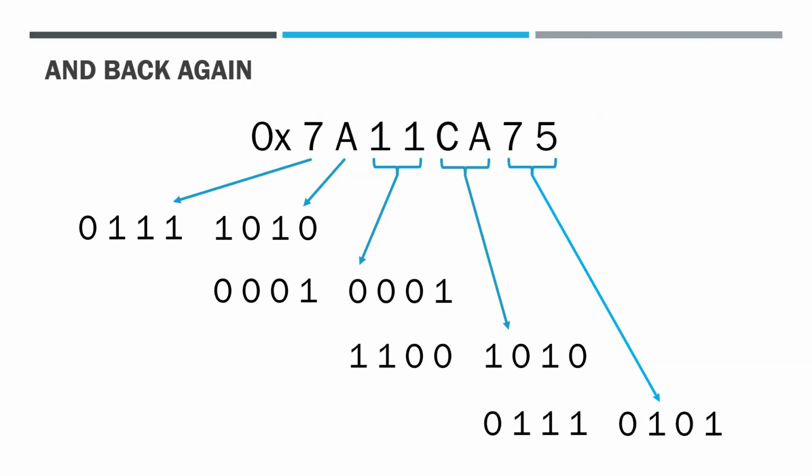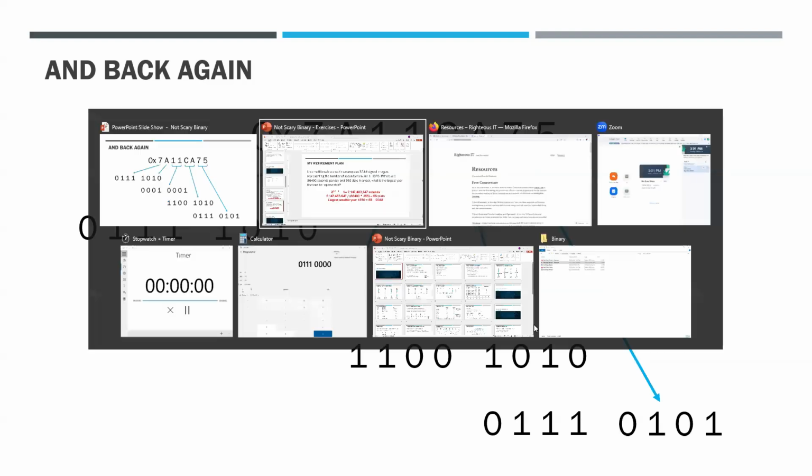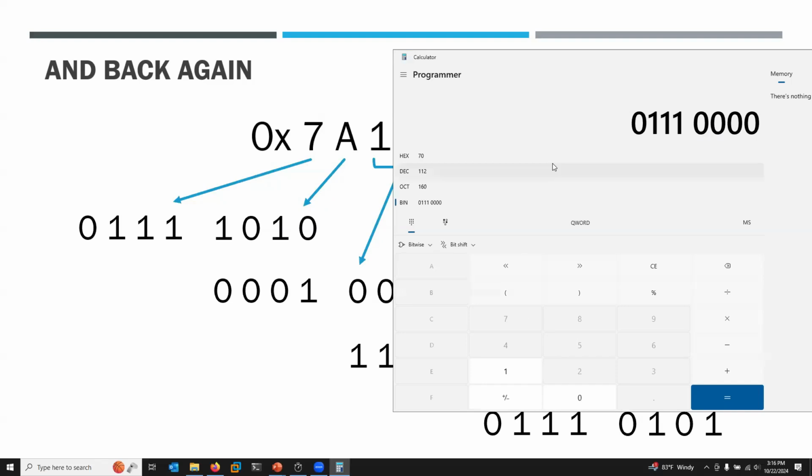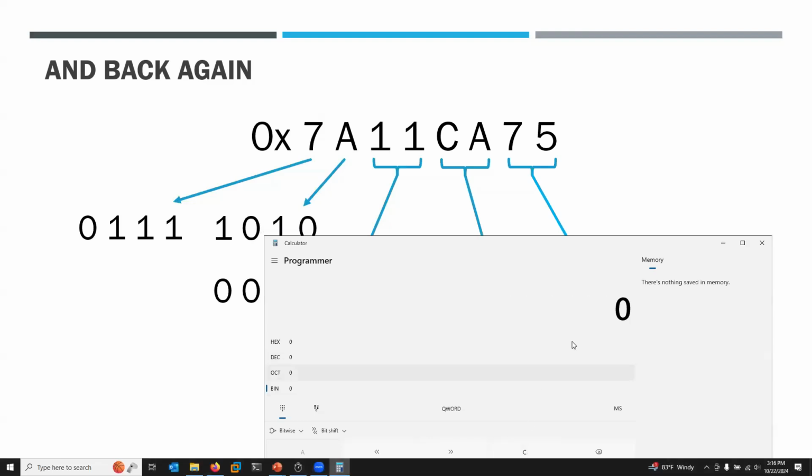Obviously, if I wanted to know what the heck this was in decimal, I would whip out my calculator. Right? So let's see, we're going to put this into hex mode. I'll type in 7A, 11CA, 75.